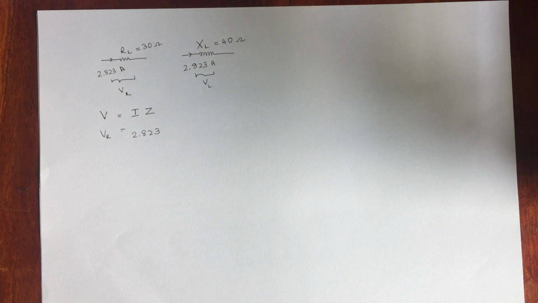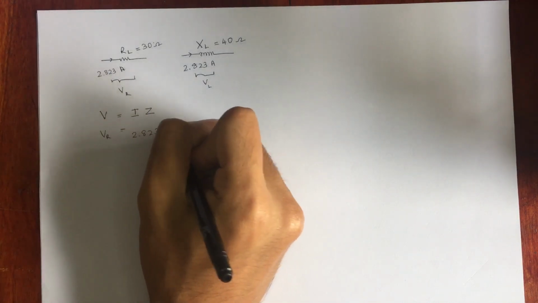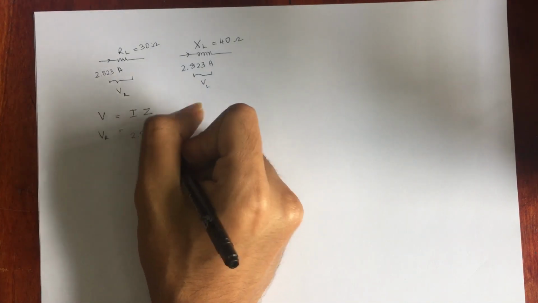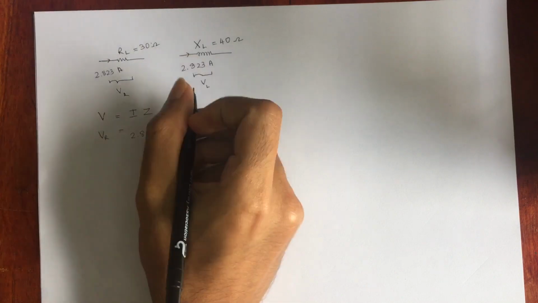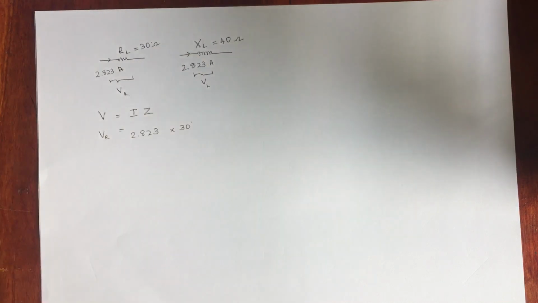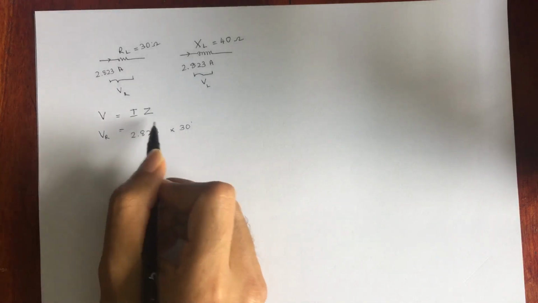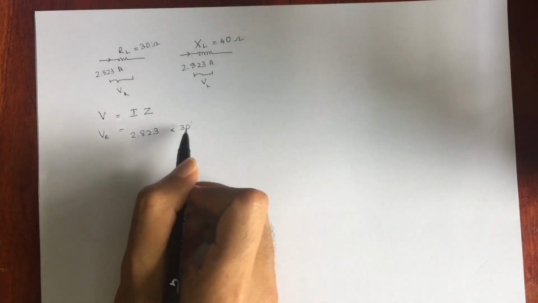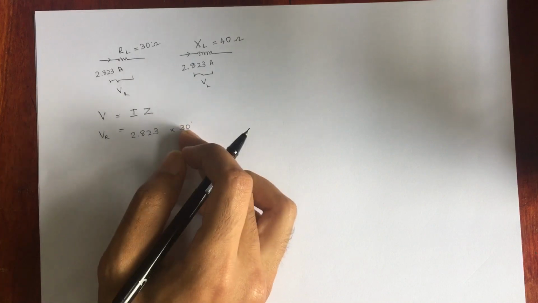But remember, when you are considering this part, we can directly use the Z part, which is going to be 30, as we are going to use the IRMS value and multiply it by 30.